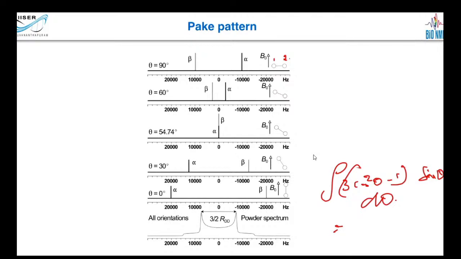You will get that most of your peak is determined by this orientation, because this is in the XY plane.